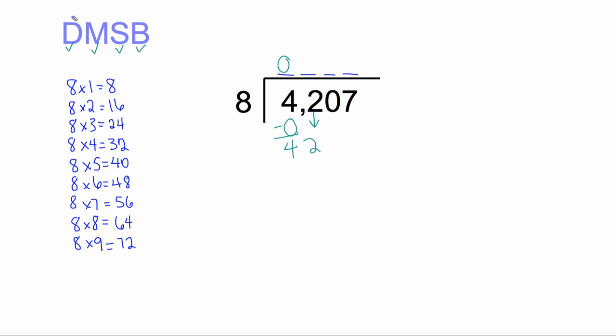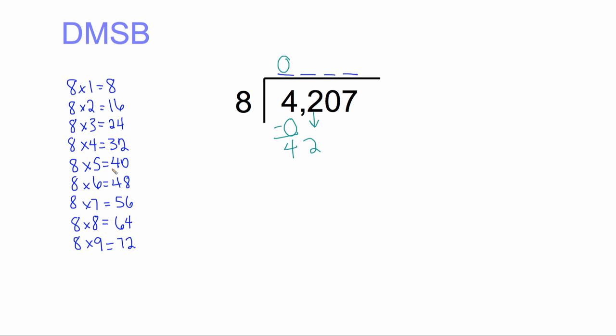That's one round in our long division. So we're going to go ahead and erase our checks and start over. We're going to ask ourselves, how many times can 8 go into 42? Now this is when our facts are going to be helpful. We can see that 8 times 5 is 40, which would fit, but 8 times 6 is 48. That's too big. We want to get as close as we possibly can to this number without going over.